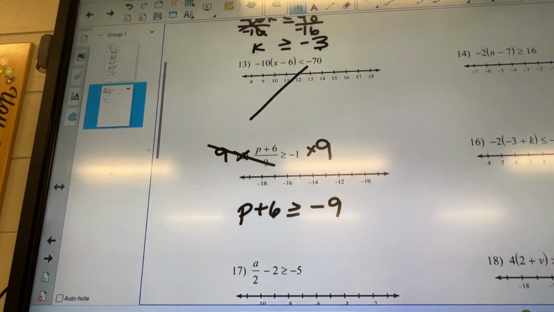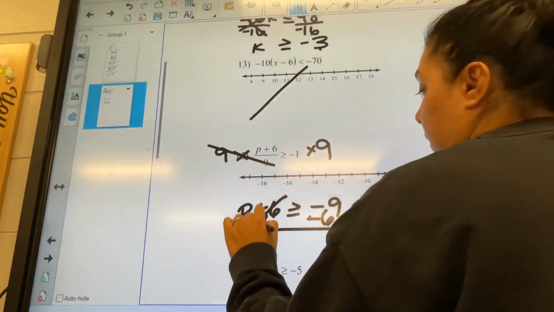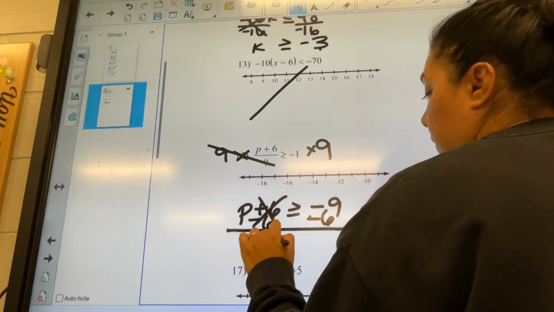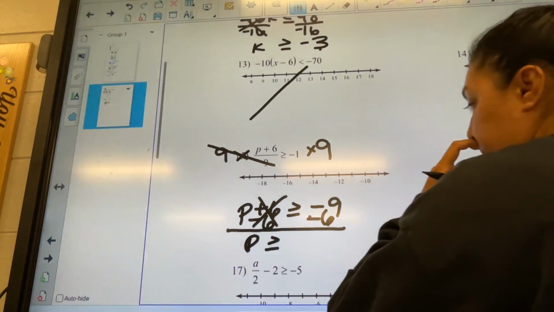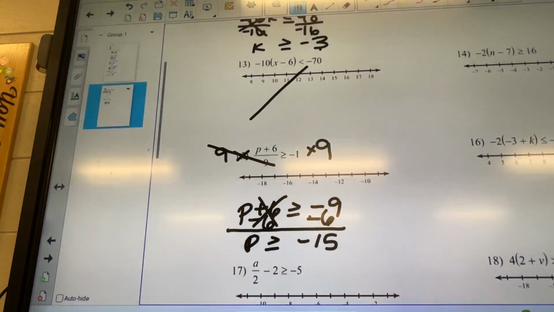Okay, then who needs moved? 6. How do I move a plus 6? Minus 6. Negative 9 minus 6? Negative 15. Okay, on the 15, is that going to be open or closed?